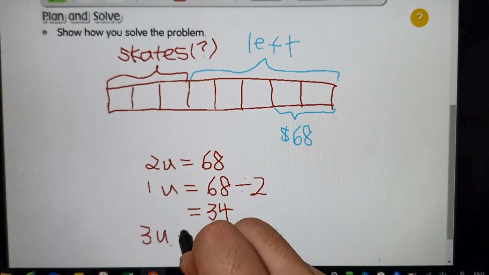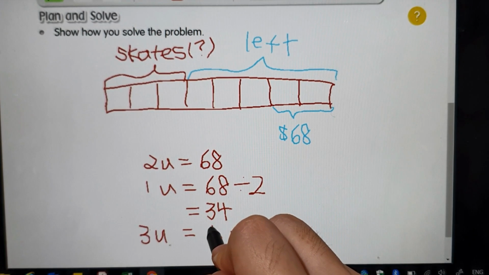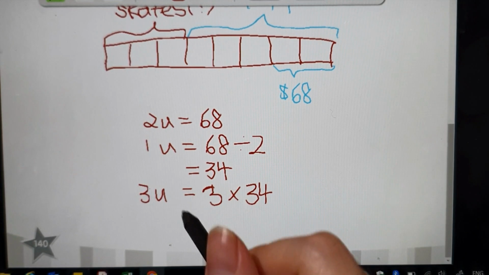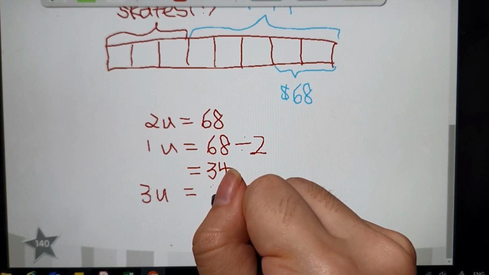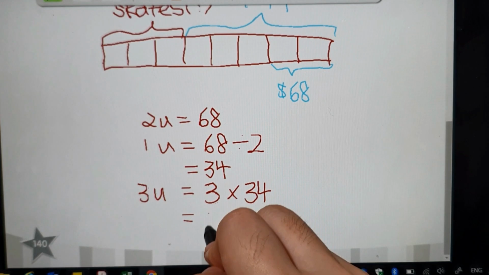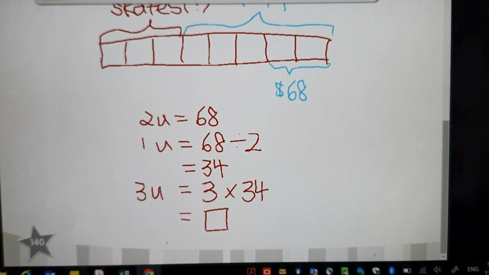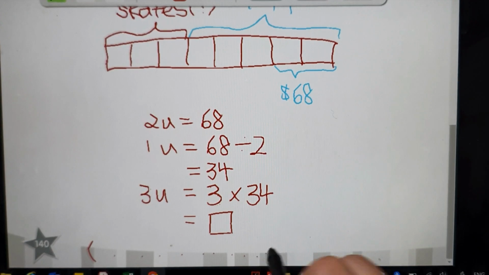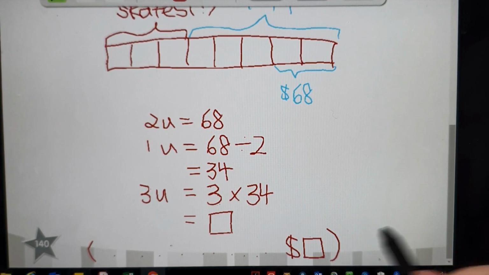So 3 units is equal to 3 times 34, which will give you your final answer here. Since you already found how much he spent, please remember to write down your word statement together with your answer.